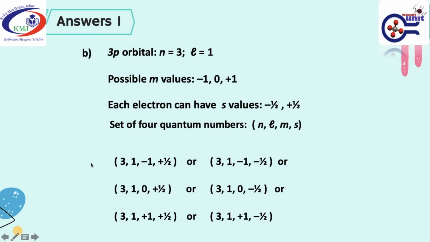You just refer to all these numbers from the n, L values and possible m values and make them into sets of quantum numbers. Don't forget to write all of them, because the question only asks for one electron only.